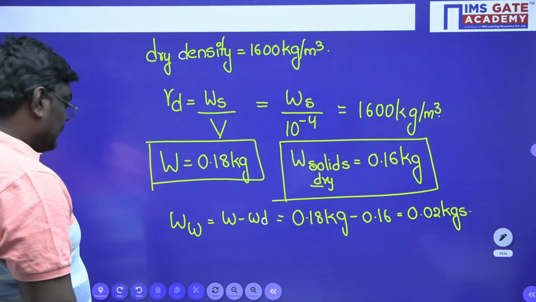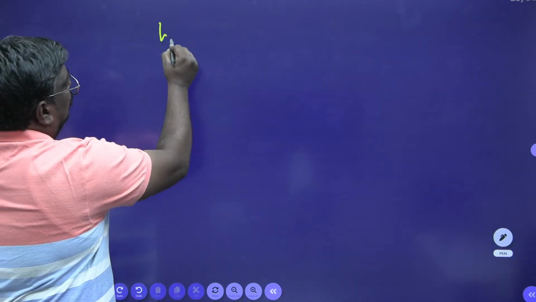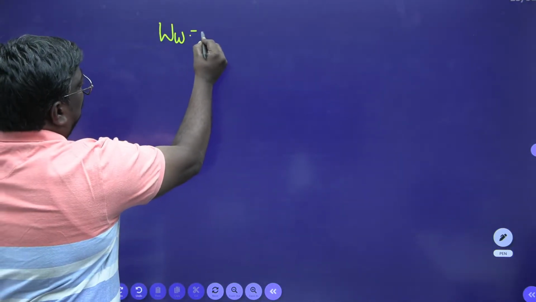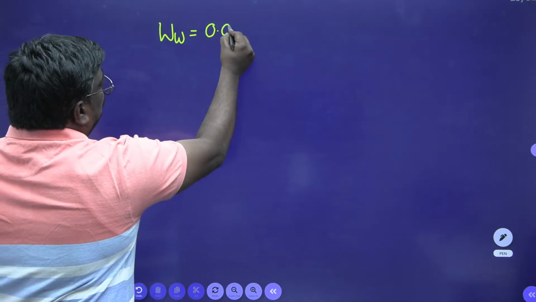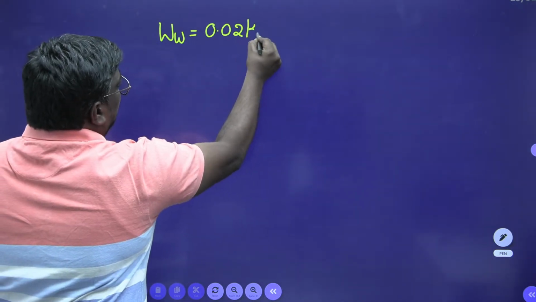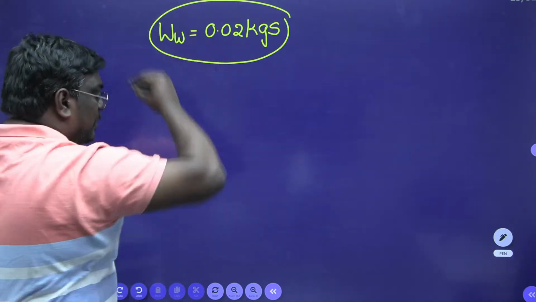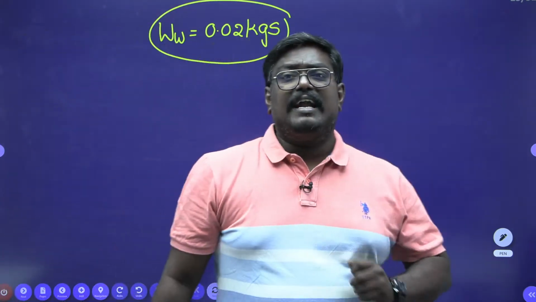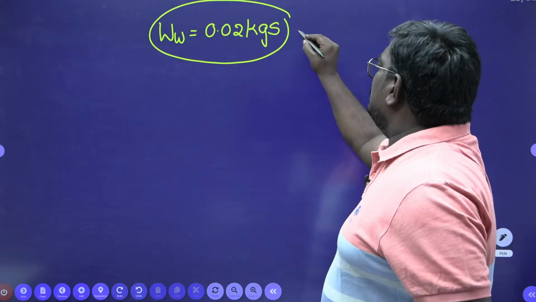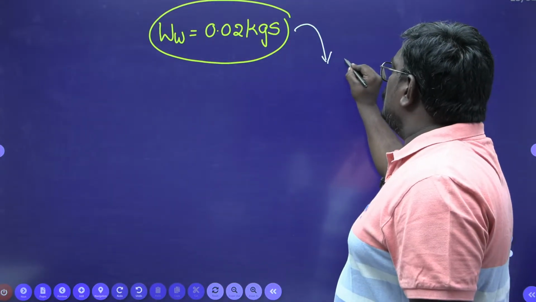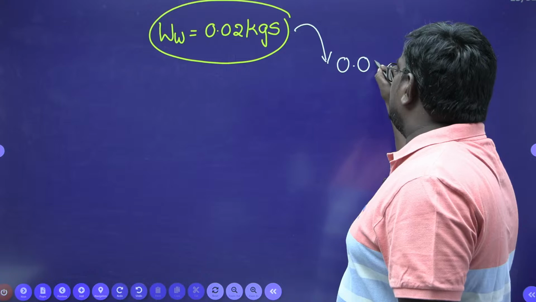Now see, students, the weight of water, whatever you have calculated is how much? The weight of water is 0.02 kgs. Now this weight, remember students, is mixed with 0.02 kgs.